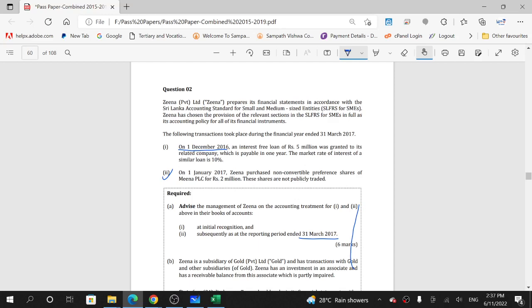Subsequent measurement should be carried at the same cost.